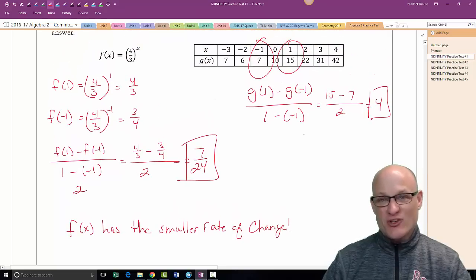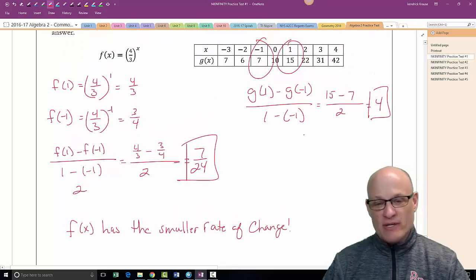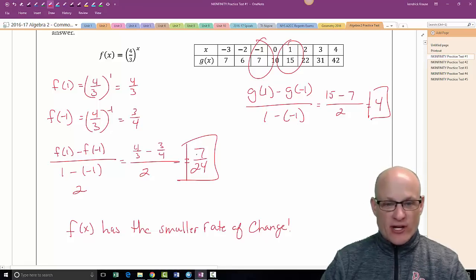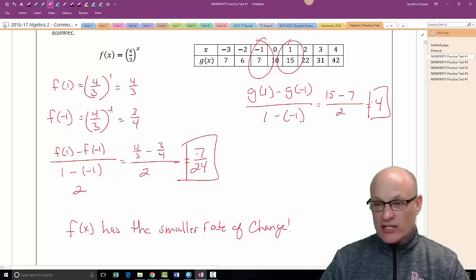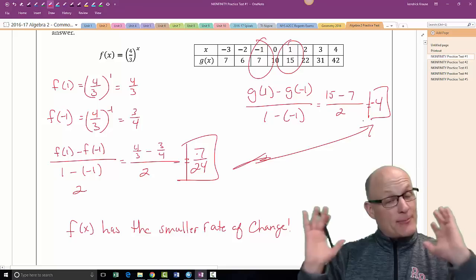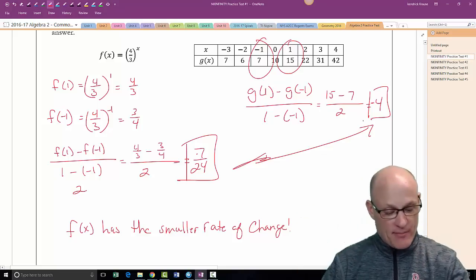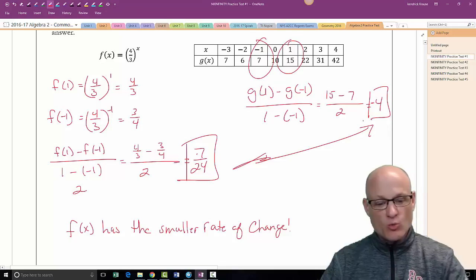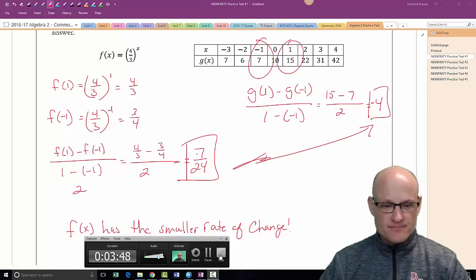The rate of change is its magnitude, which means the absolute value of that number. So even if this had turned out to be negative, which makes this a much smaller number than this, the rate of change is the absolute value of that. So remember that. It makes no difference positive or negative for rate of change. It's really a magnitude. All right.